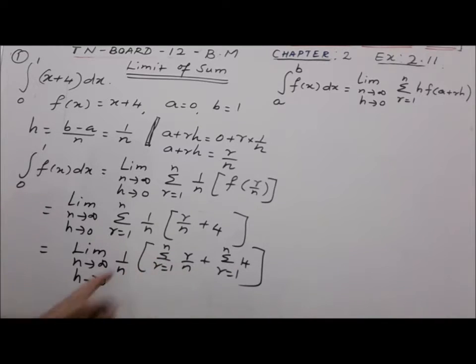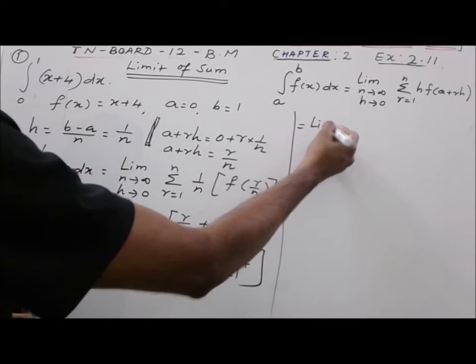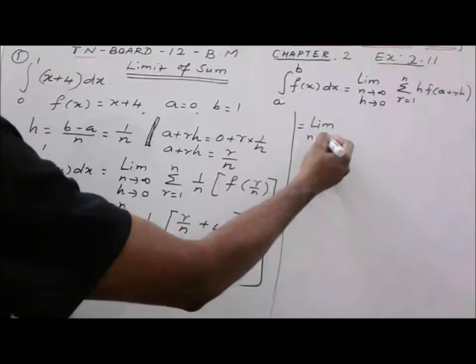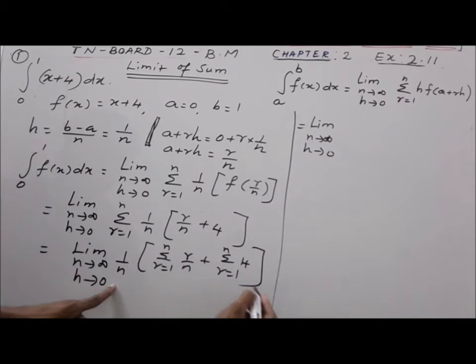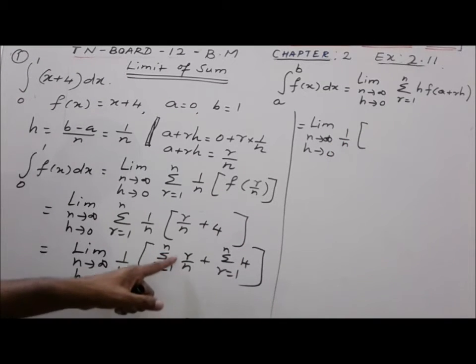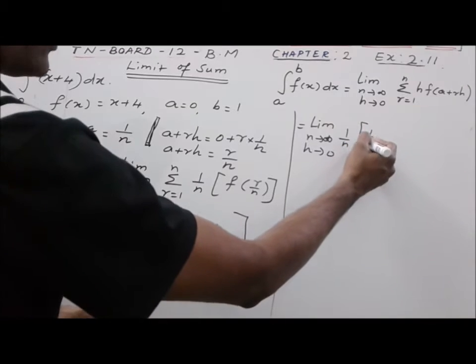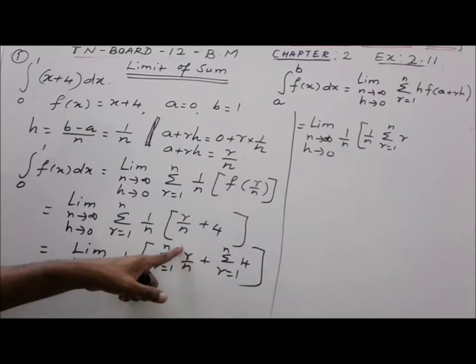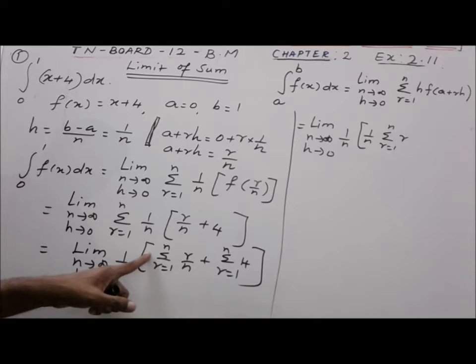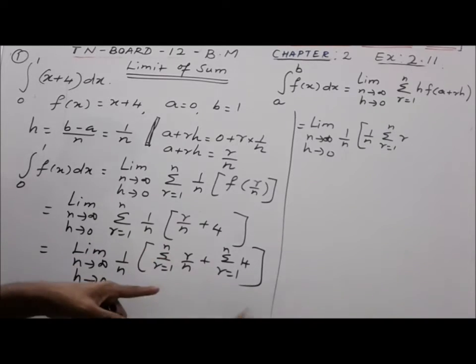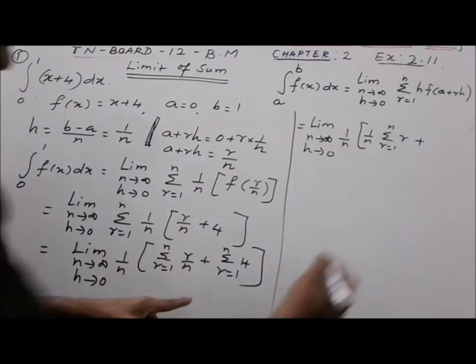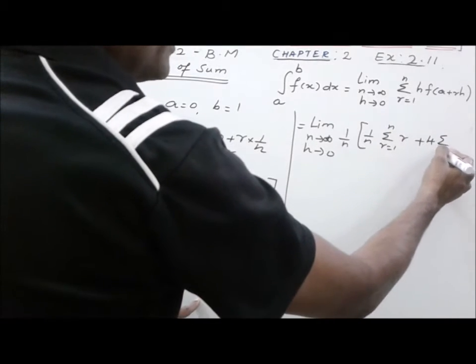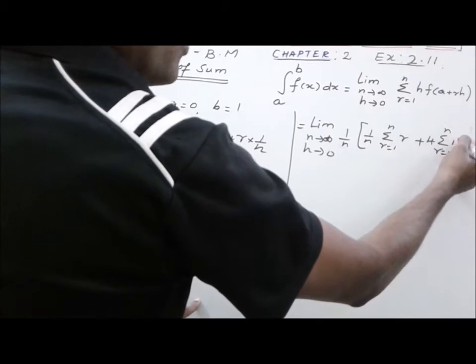Here 1 by n is constant, taken out, which is equal to limit n tend to infinity h tend to 0, 1 by n into, here 1 by n into r by n is split into r into 1 by n, so that is equal to 1 by n into sum of r equal to 1 to n r into 1 by n taken out, so 1 by n into sum of r equal to 1 to n r plus the constant 4 is taken out, 4 into sum of r equal to 1 to n 1.